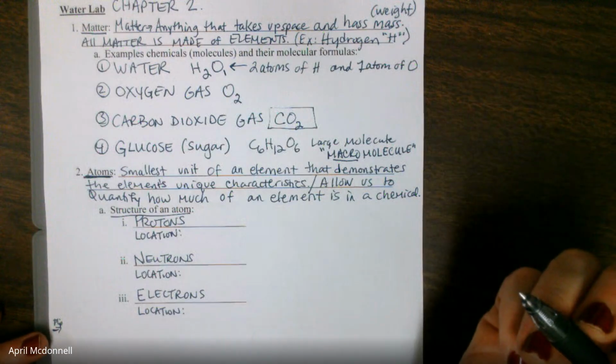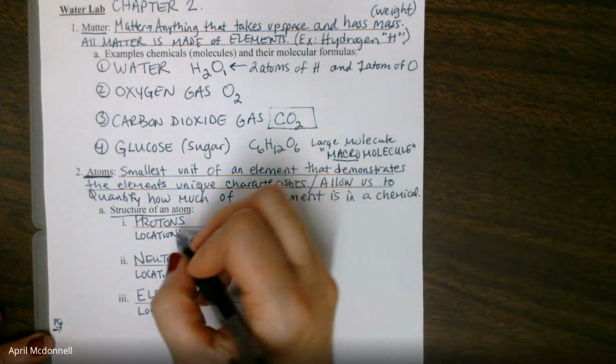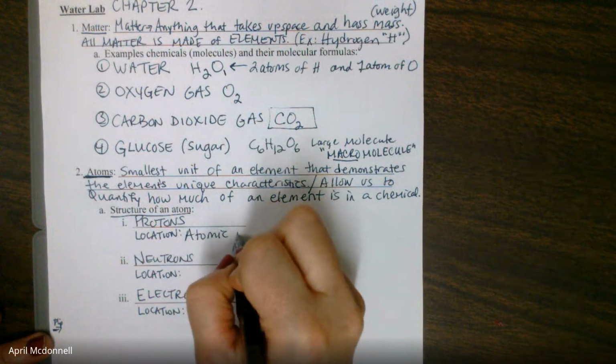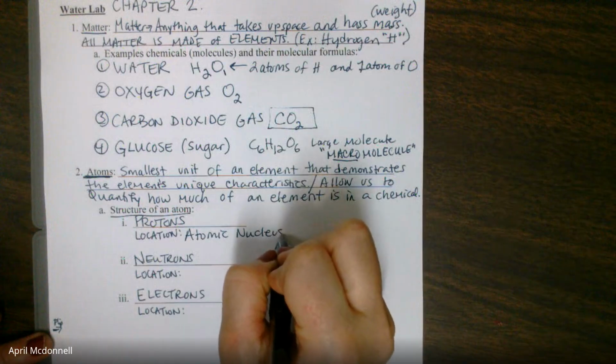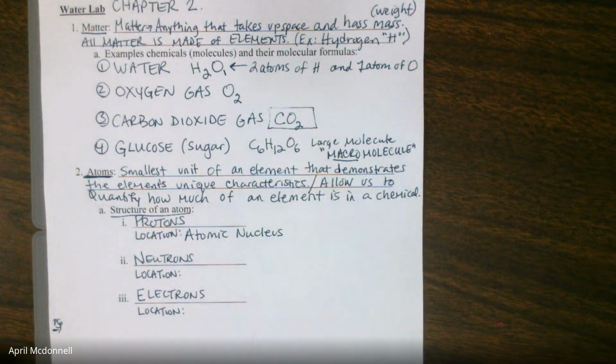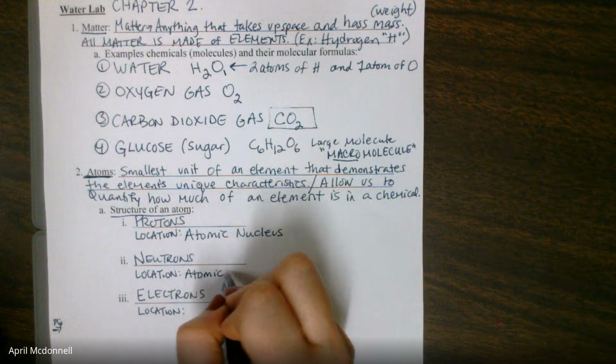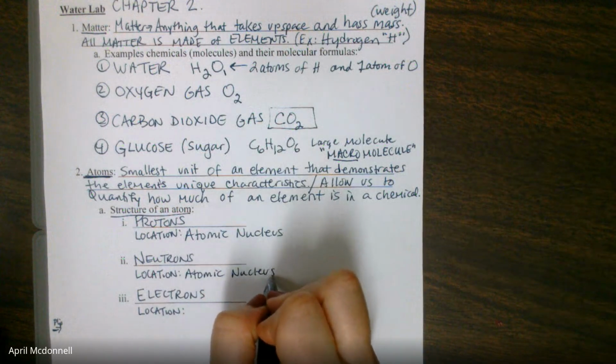So there is an inner core of the atom called the atomic nucleus. That is the inner core of the atom. So neutrons and protons are going to be located in the atomic nucleus.